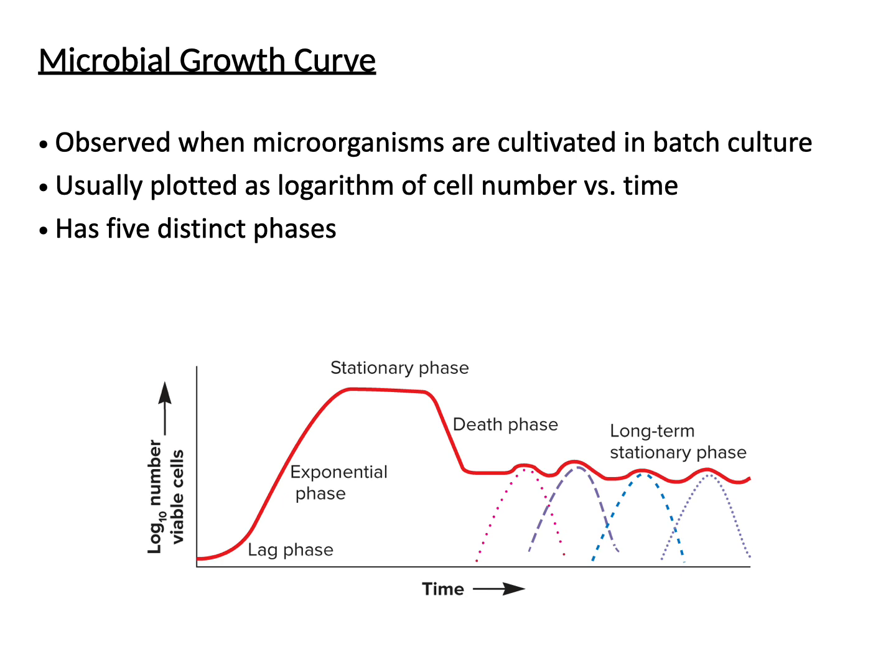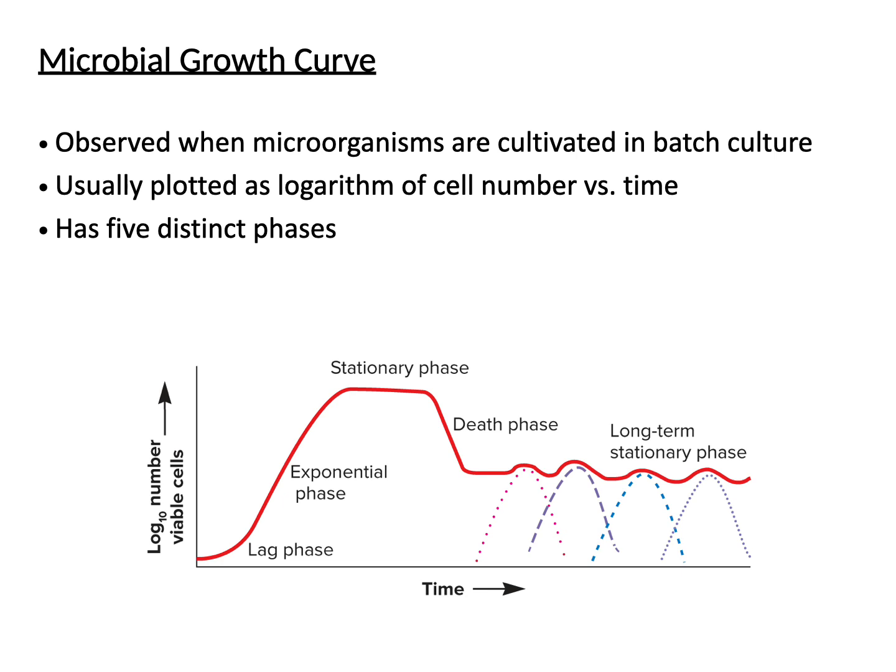And what can happen is the population size goes back down, and they can actually reach this kind of long-term stationary phase. So it's not at the high level that we were at before, but that population is still able to maintain itself given the environment that it's in.